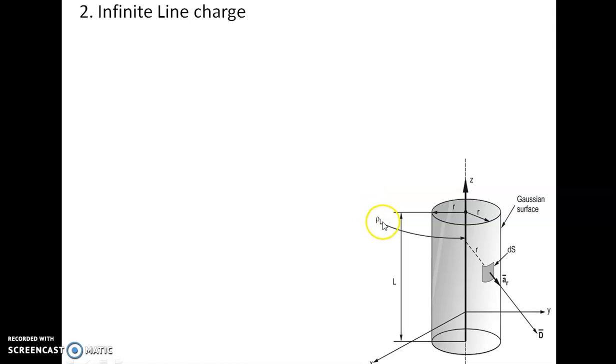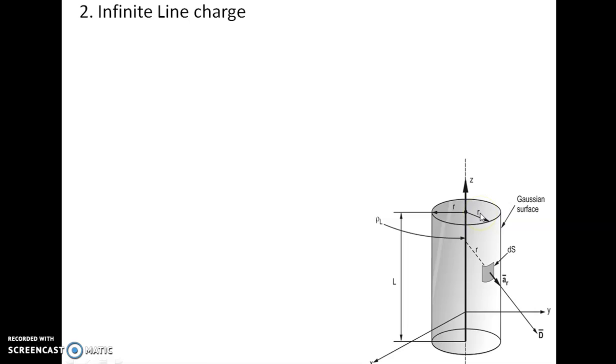I am considering a Gaussian surface around this line charge, a cylindrical surface, which has a length of L and radius of R.